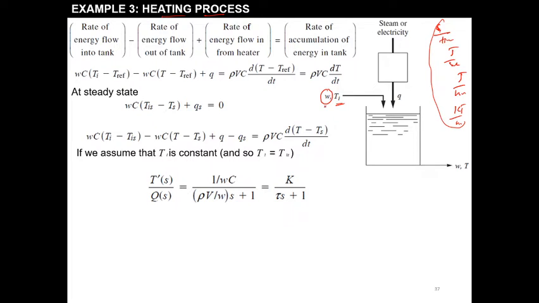Ti is the temperature of the fluid that is going to enter the tank, and some heating liquid is going to enter this tank with the help of steam, or the heating may be done with the help of an electric coil. Yes or no? So you can do it with the help of steam. Generally in industry, as we have already discussed, steam is used to heat something, right?